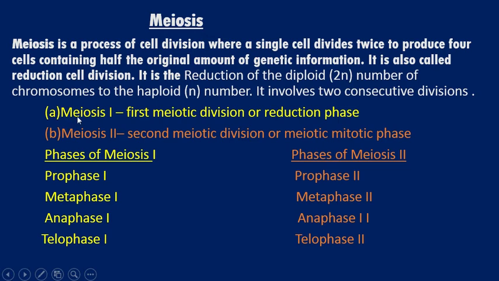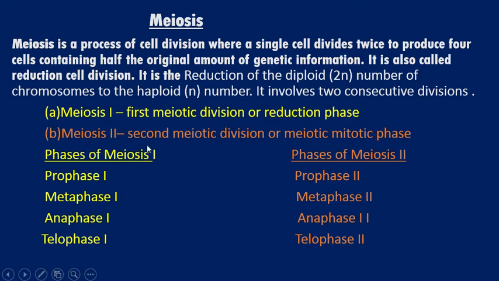It is divided into 2, meiosis 1 and meiosis 2. Meiosis 1 means the first meiotic division, or reduction phase. In this phase, chromosomes are reduced from 2n to n.